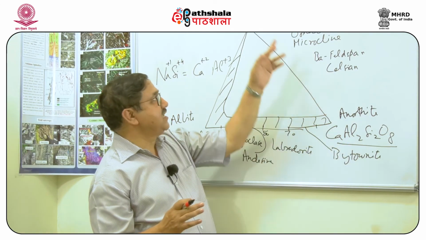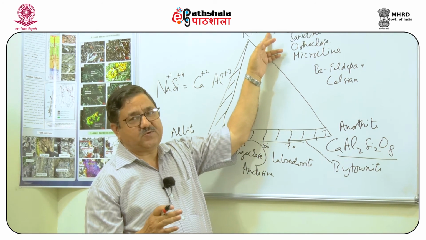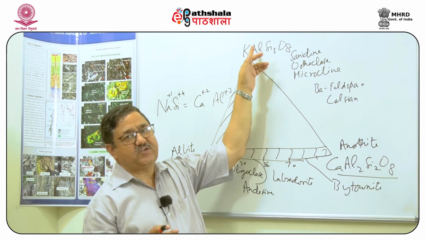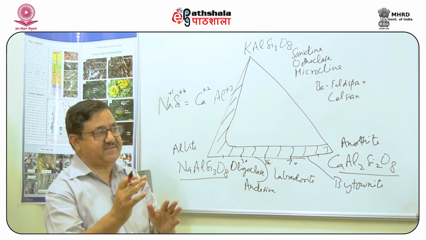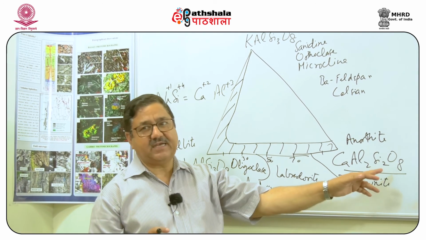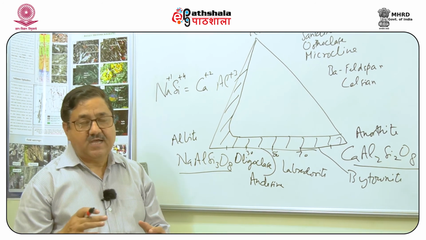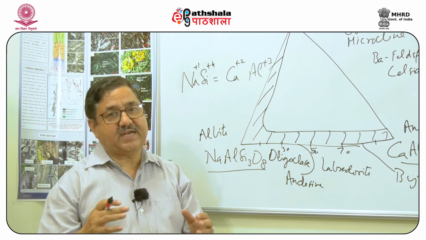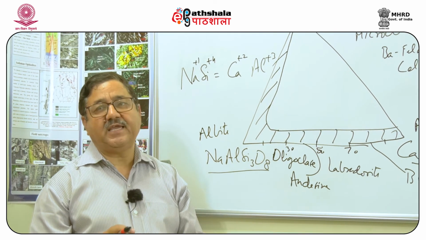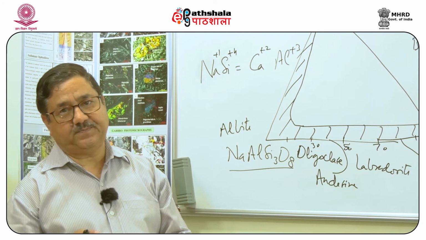Now, compare this with the situation in alkali feldspar, where the ratio of aluminum to silicon is 1:3. So, 25%, 75%, whereas here it is 50%, 50%. So, there is a significant amount of substitution and disordering seen in plagioclase substitution.